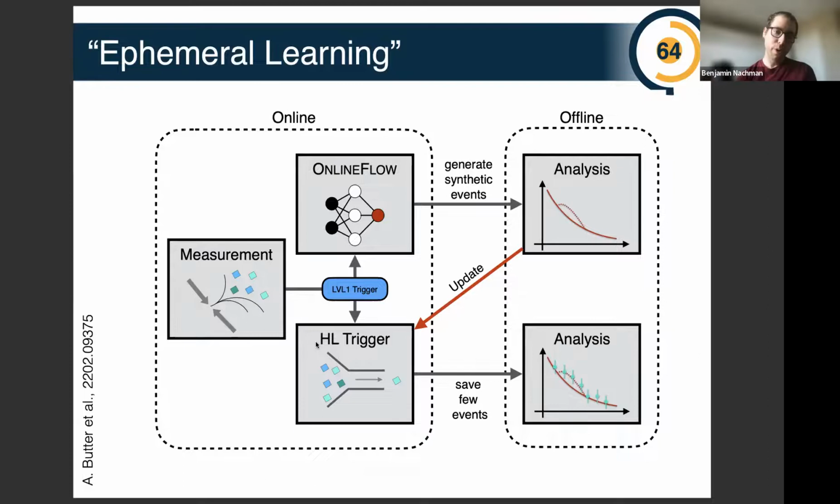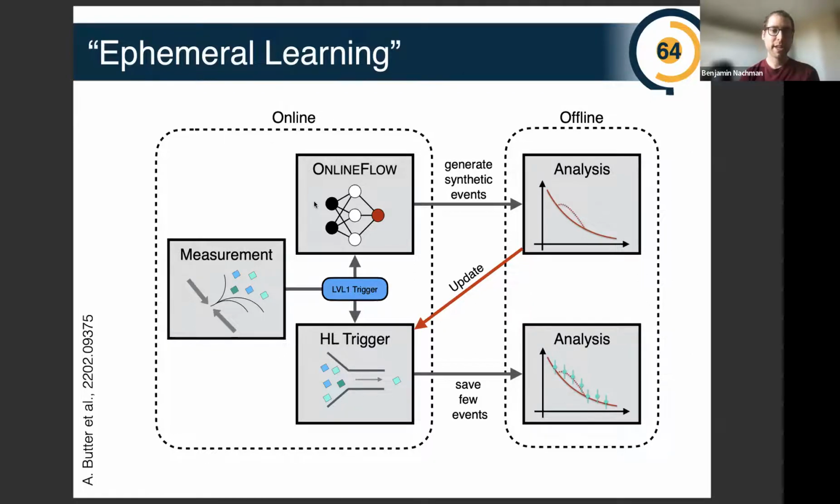Okay, so how do we propose to do that? The idea is that we propose to train an online density estimator. The way this works is you have some collisions, and the usual path is the bottom one, where you have some trigger that decides if you save events or not. If you save the event, you can process it offline, and you can do some analysis like a bump hunt.